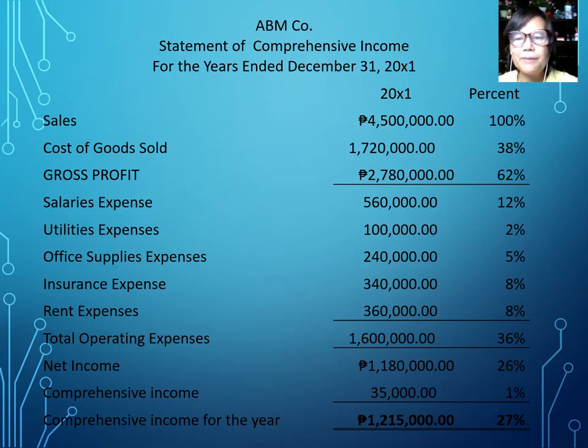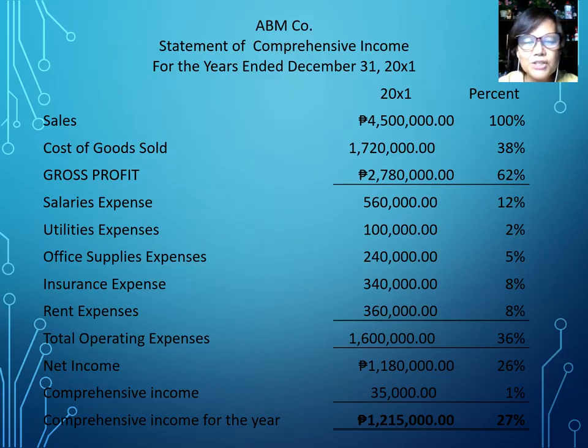statement of comprehensive income. Now, if in the balance sheet the denominator is the total assets, in our statement of comprehensive income, the denominator is the sales or gross sales. Okay? So, 4,500,000 over 4,500,000 is equal to 1 or 100%.